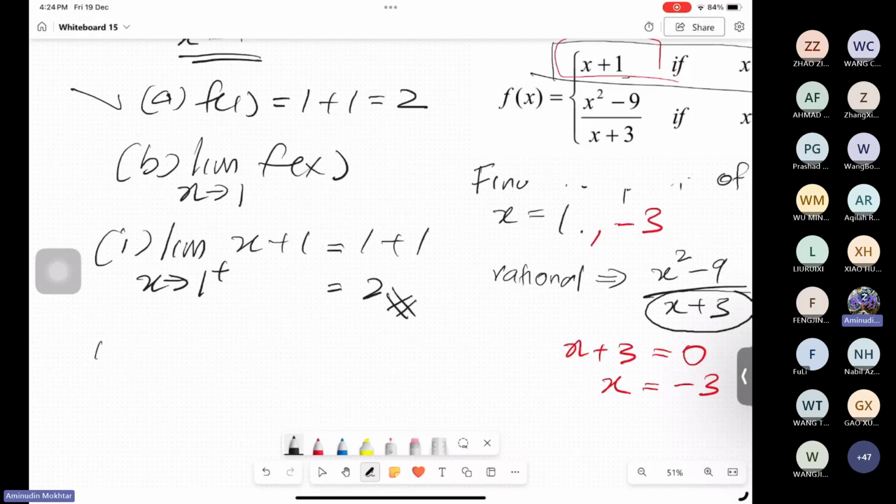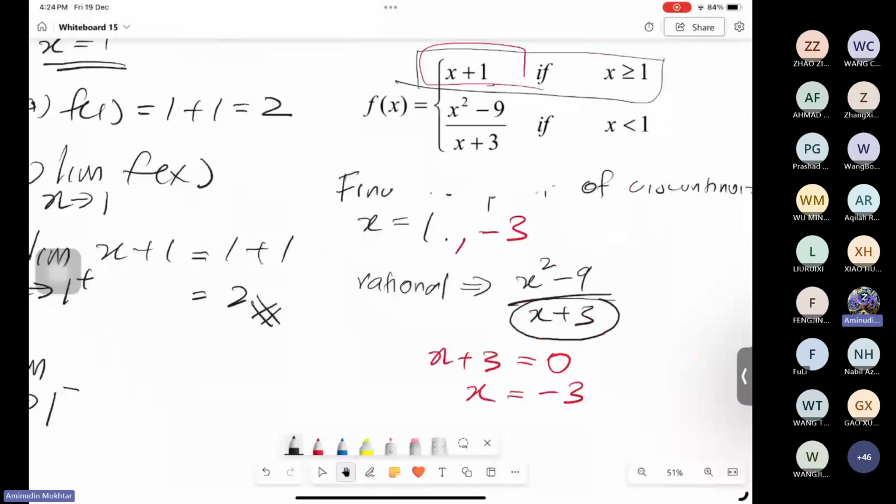How about the left hand limit? The limit of f(x) when x approaches 1 from the left refers to the situation where we choose the value of x less than 1 but close to 1.